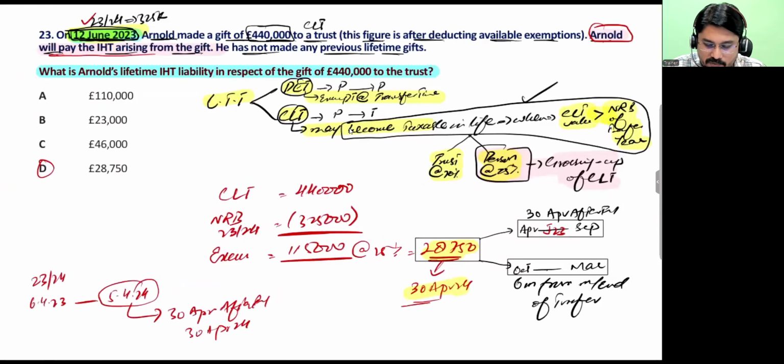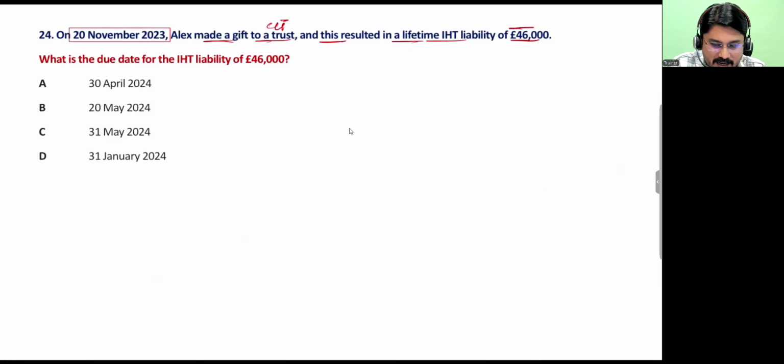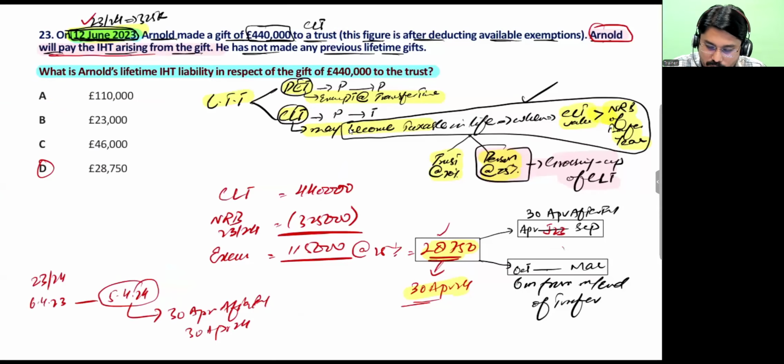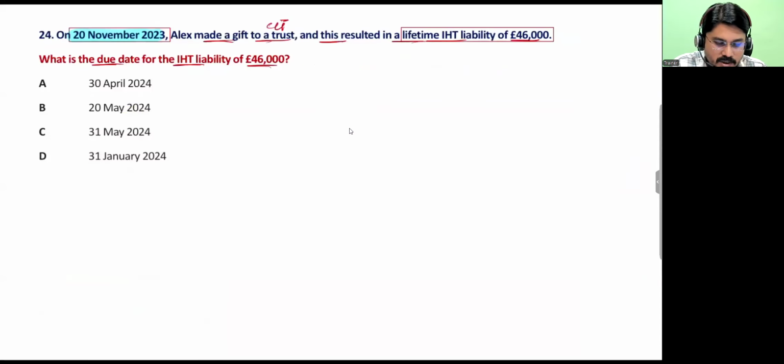Unlike the previous question, where we calculated the lifetime IHT of 28,750, here the lifetime inheritance tax is directly given, already calculated as 46,000. The examiner is asking you the due date for the IHT liability payment of 46,000. If you check, the transfer date is 20th November 23, which falls between October to March.